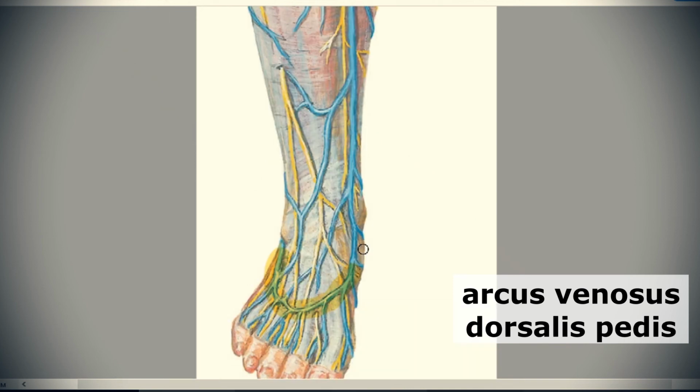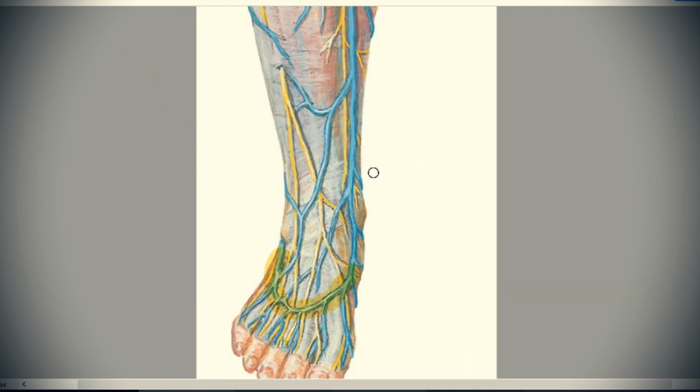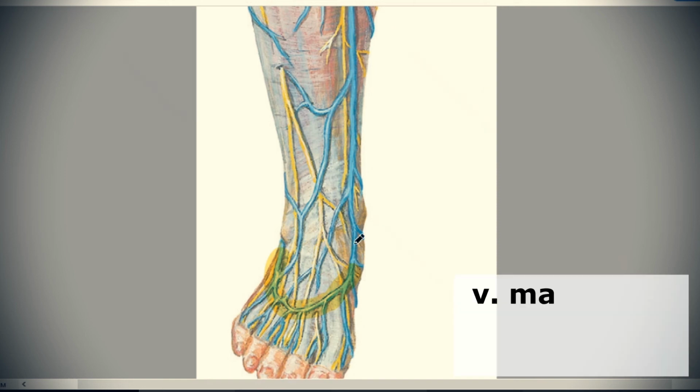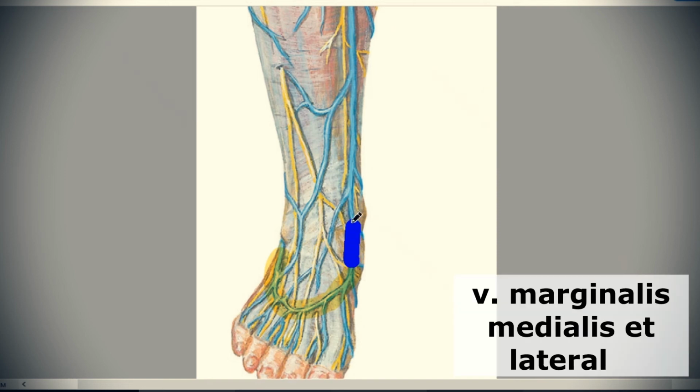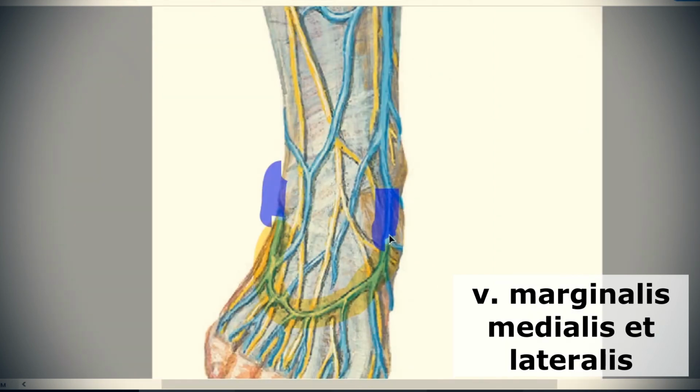And from this arc, from its lateral and medial margin, there is the beginning of lateral and medial marginal veins, vena marginalis medialis and vena marginalis lateralis. This medial marginal vein goes up in front of your malleolus medialis and then transforms into the vena saphena magna, the great subcutaneous vein. Vena marginalis lateralis goes behind malleolus lateralis, and then it transforms into the vena saphena parva, the lesser subcutaneous vein.